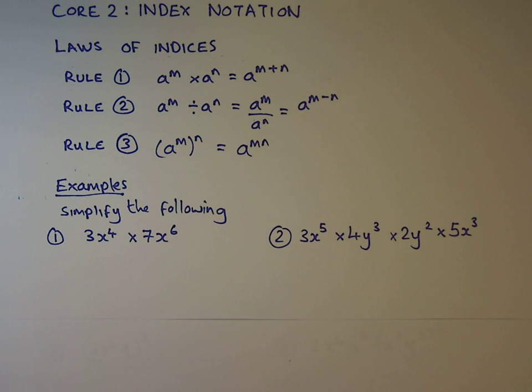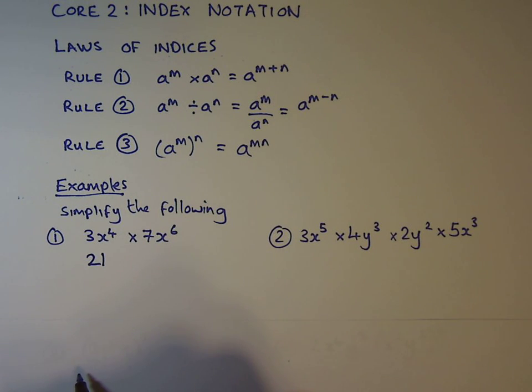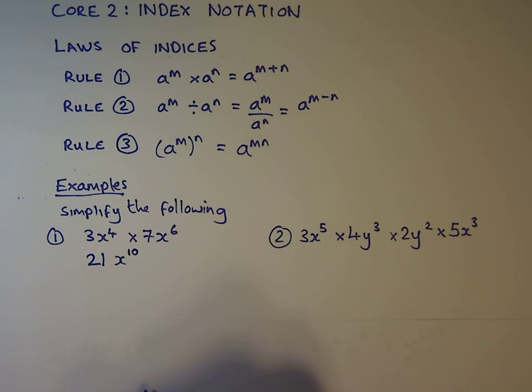First of all, deal with the numbers. 3 multiplied by 7 gives us 21. And then deal with the x's. x to the 4 times x to the 6. We add the powers and we get x to the 10. 21x to the 10.